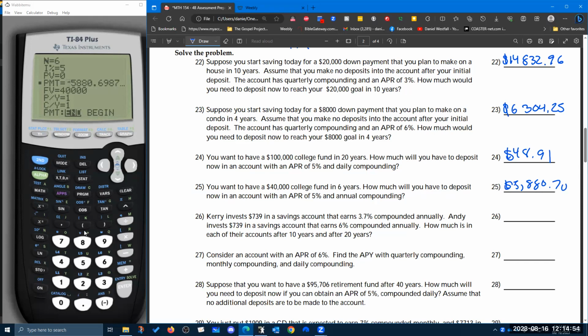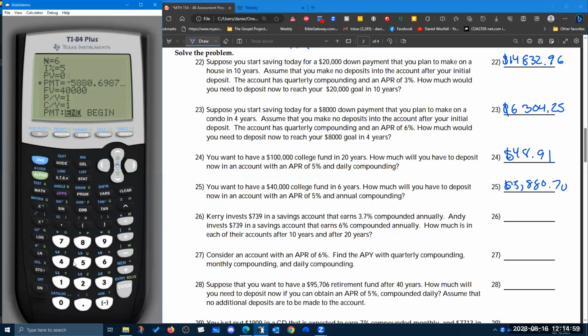Now we're going to invest a certain amount of money. So the present value of the investment is $739. The interest rate is 3.7%, compounded annually, after 10 years.